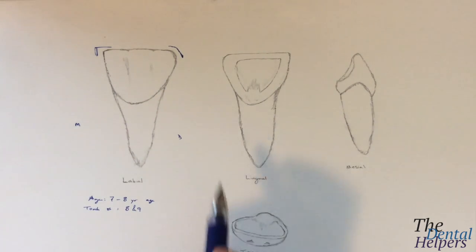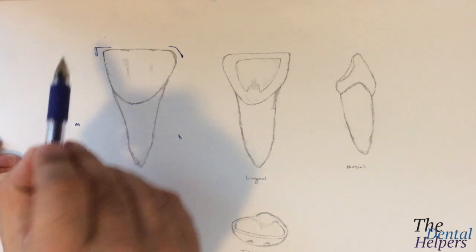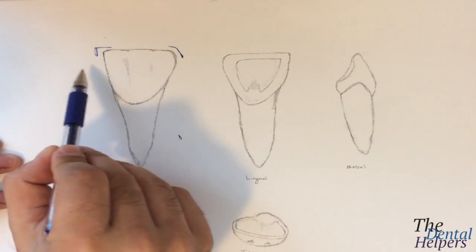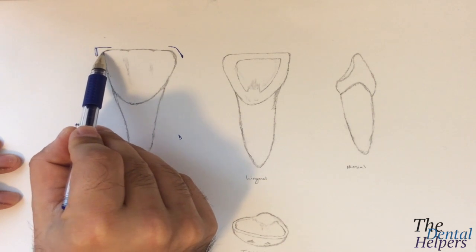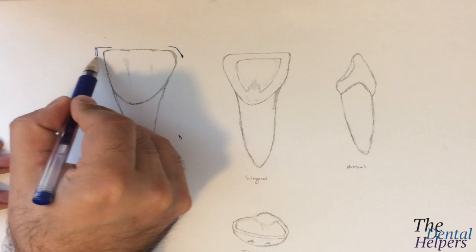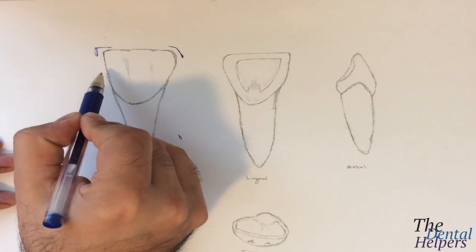Now, if we think about where it's contacting, if we imagine the other central incisor here, we would expect that the point of contact is going to be at the incisal third.